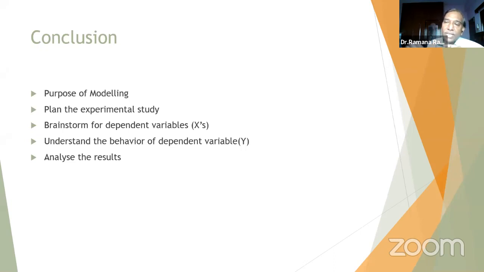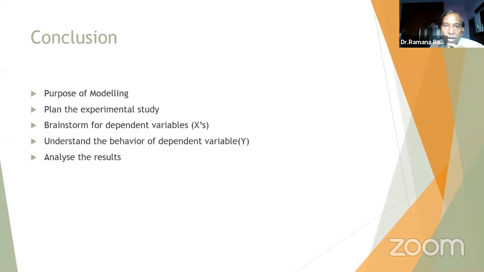Then we will understand the underlying behavior by using design of experiments. The design of experiments will help us to understand the relationship, that is the transfer function, as well as the optimal values of my independent variables, so that the dependent variable will have an optimal performance.